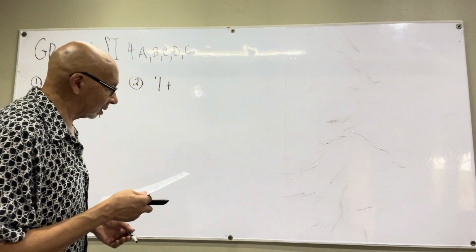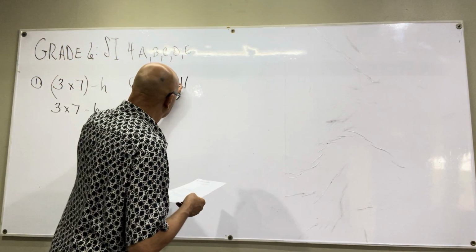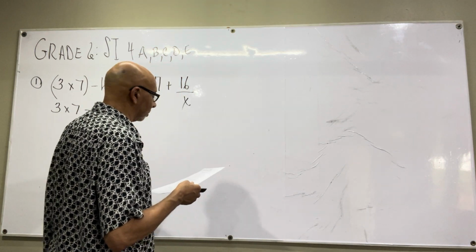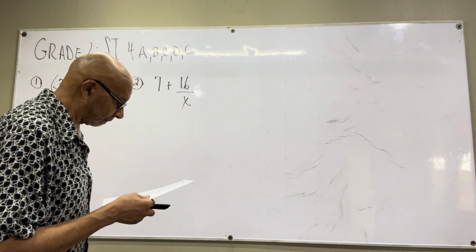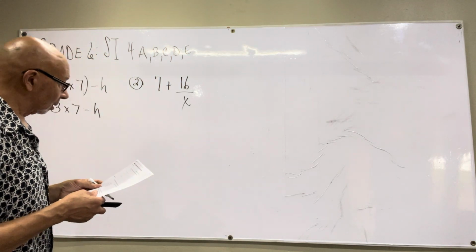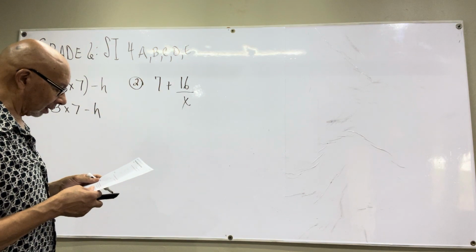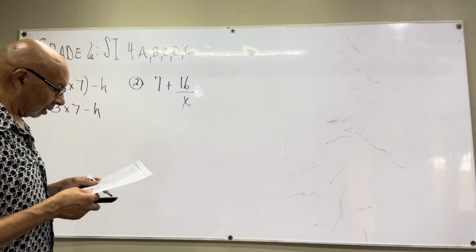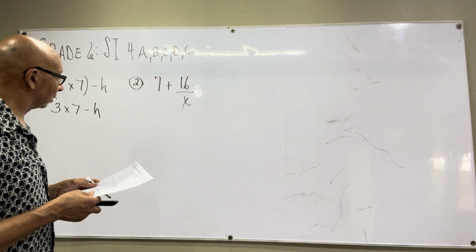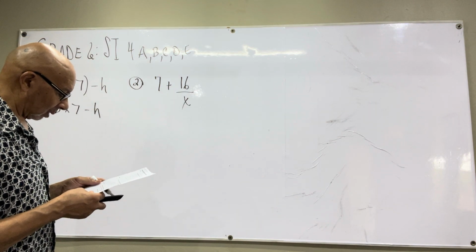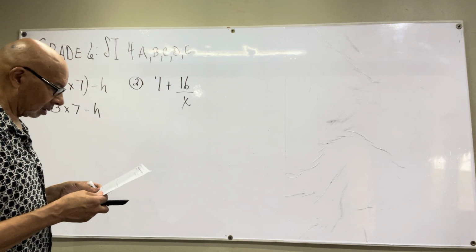So the quotient of 16 and some number. We'll call the number x since we don't know what it is. So 7 plus 16 over x. So the next one, let's see the next one.